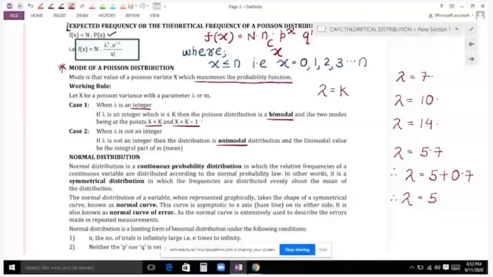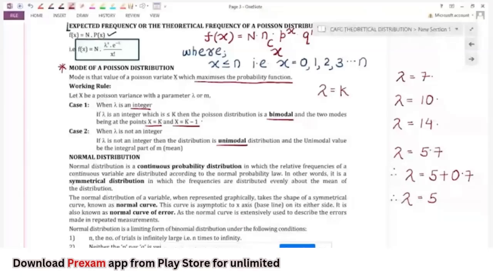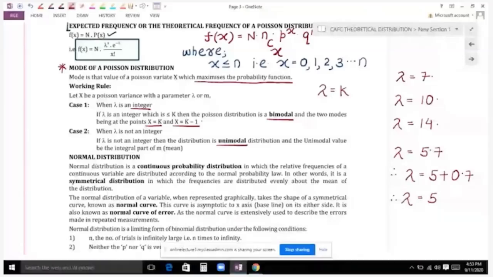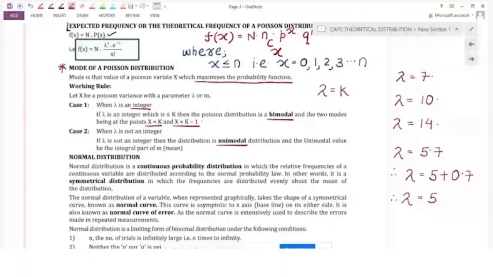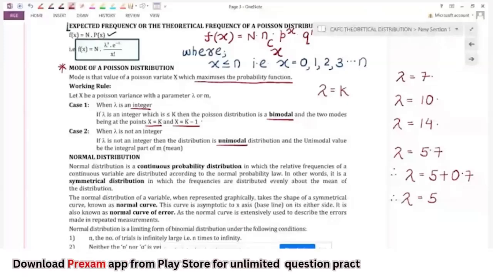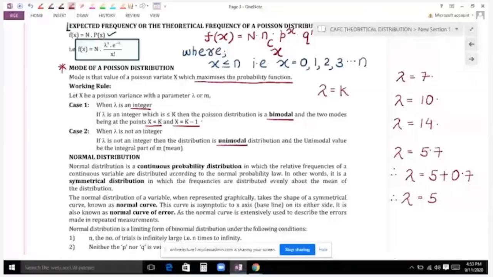Given Poisson distribution मैडम, it is an example of... Correct.